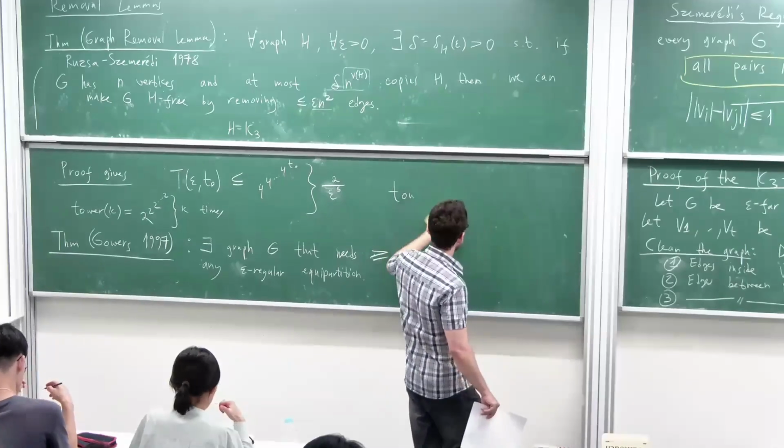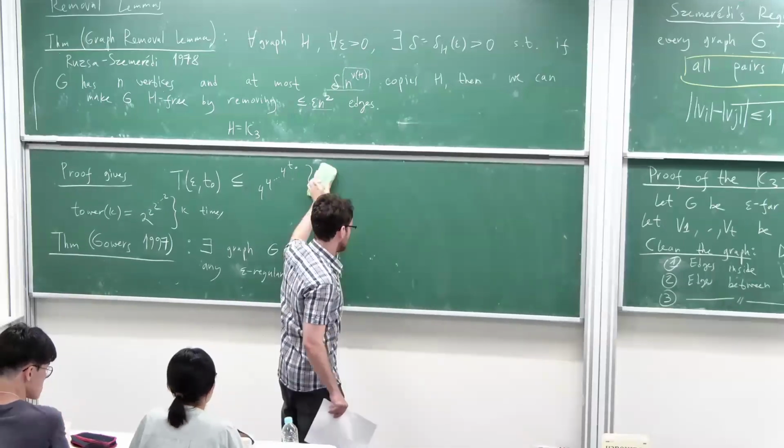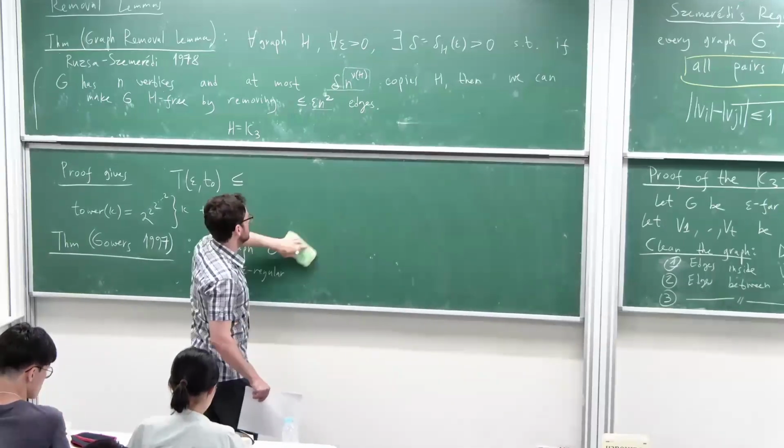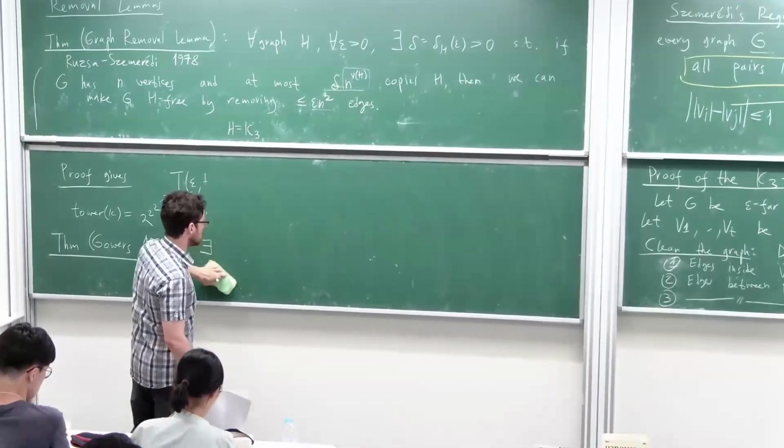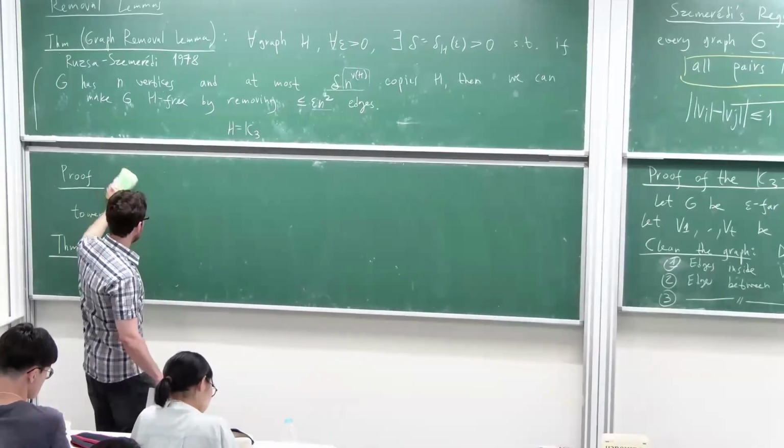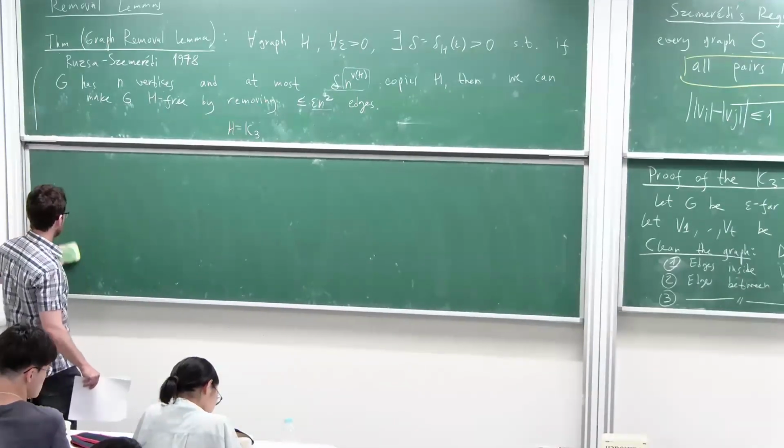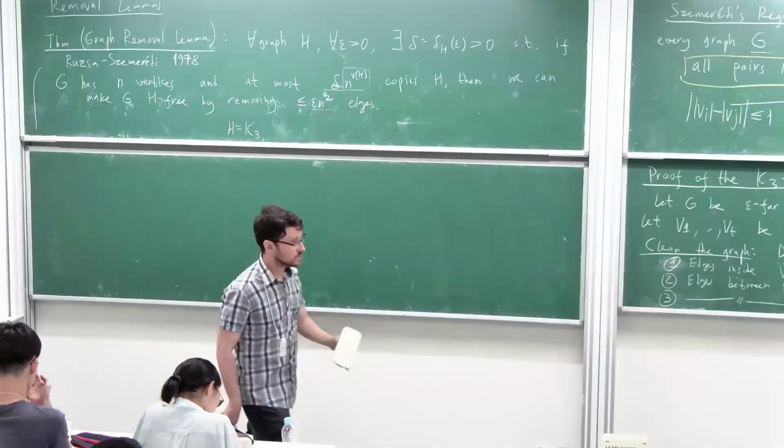So now the plan is to count how many edges I delete. I want to say that I deleted only few edges. So let's consider each of these three types and count how many edges we delete.